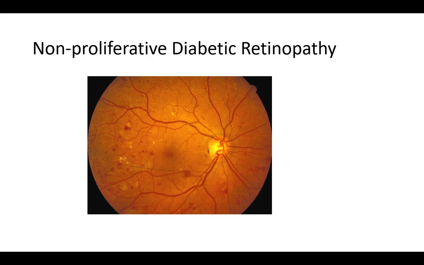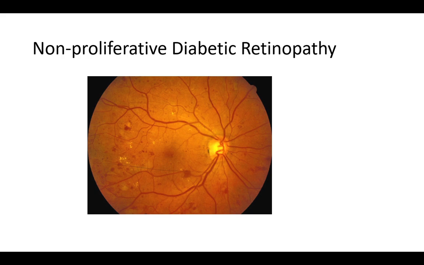Here we're going to show you the presentation of a patient with retinopathy. This is non-proliferative diabetic retinopathy, and you can see the optic nerve in the middle here, and all this vasculature coming out is a form of retinopathy.